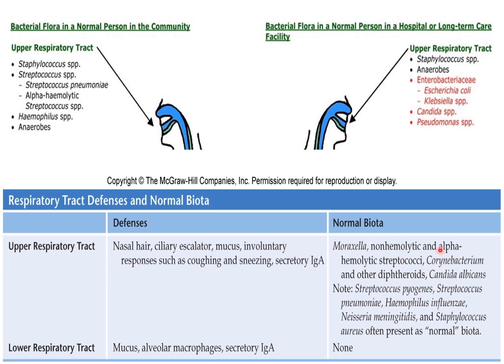To a lesser extent, we might find Moraxella catarrhalis, the non-hemolytic and alpha-hemolytic streptococci, Corynebacterium and other diphtheroids, and Candida albicans as normal microbiota. But mostly these are the normal microbiota within the upper respiratory tract.